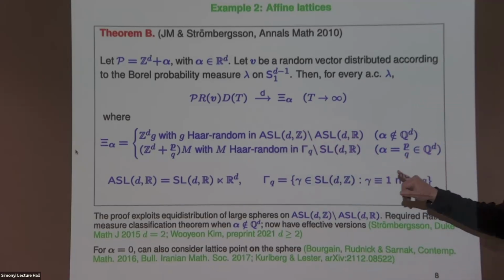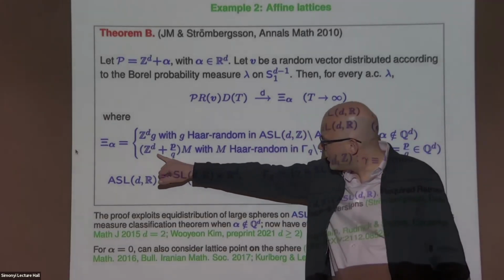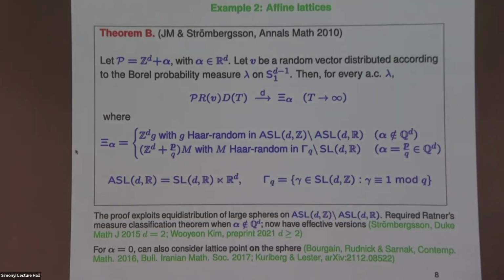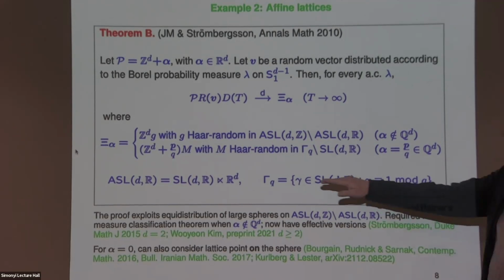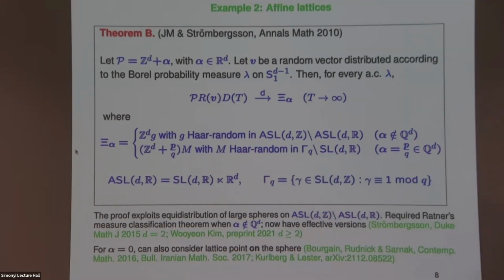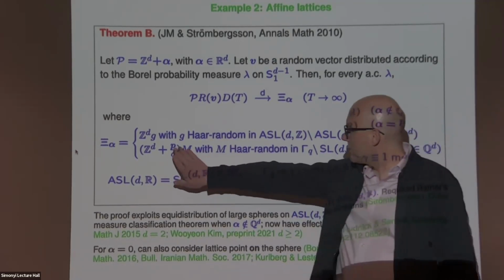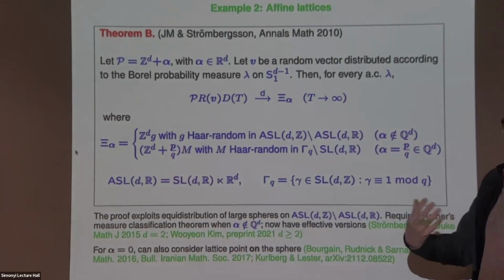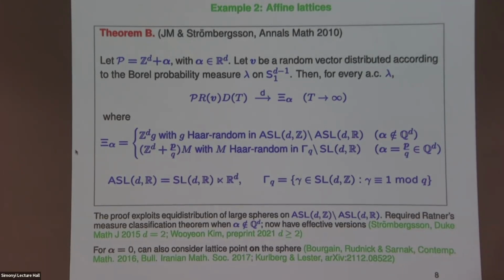If alpha is a rational point, then you will get a corresponding random lattice, but this time the Haar probability measure on the corresponding space of lattices needs to be chosen differently. So for instance, if alpha is 0, then p would be 0, and you would just have a traditional random lattice.